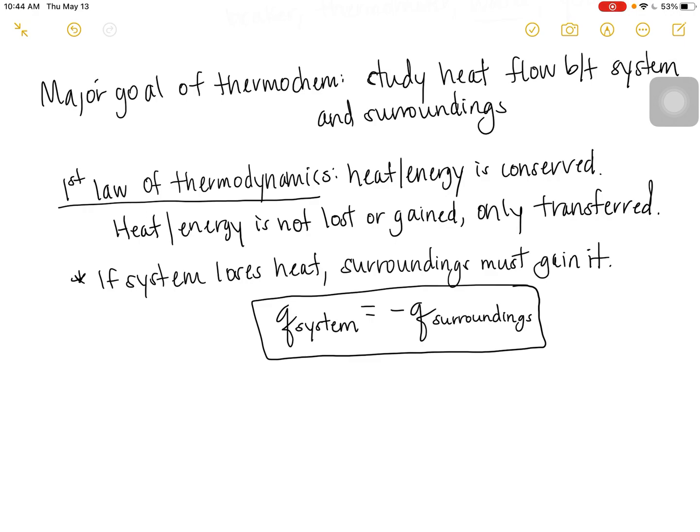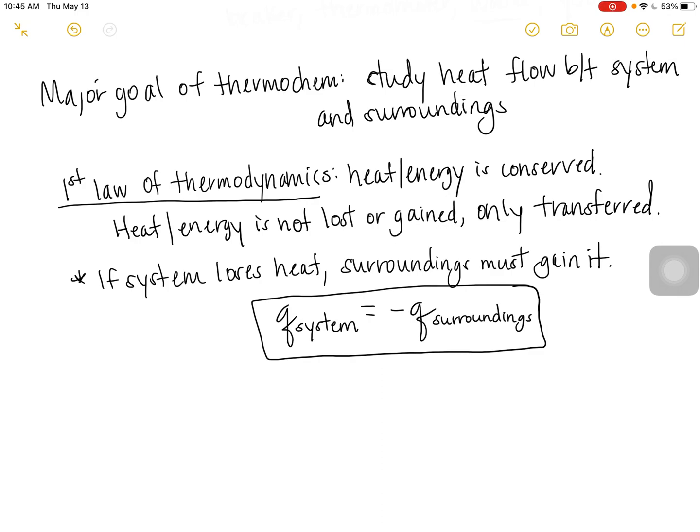What this little equation means is that if the Q of the system is increasing, then Q of the surroundings heat is decreasing, or vice versa. This negative here does not mean that the surroundings are always losing heat, okay? It's just saying that its sign would be opposite of the system. And that all goes back to this line right here, which is so important: what one loses, the other one gains, and that is the big idea in thermo.